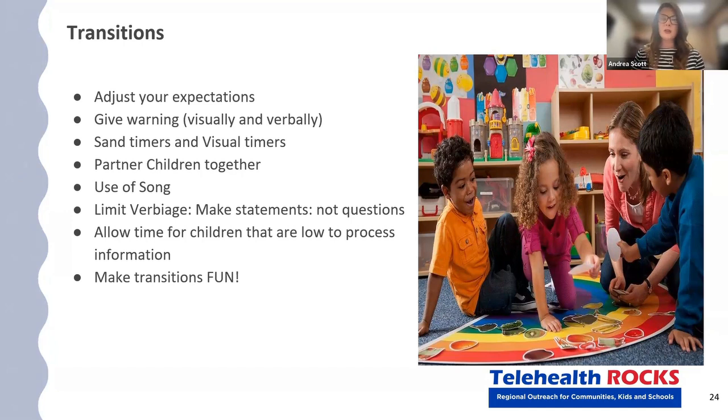Keep in mind that for a child with developmental risk factors or toxic stress, that can limit their ability to process information. For the average child, it takes about 10 seconds to process information. If a child has a developmental delay or risk factor, that can actually take 30 seconds or longer for them to process information. And then make transitions fun.